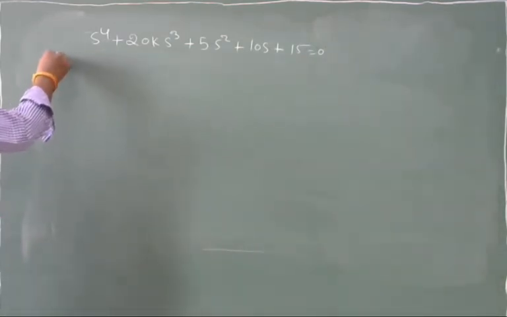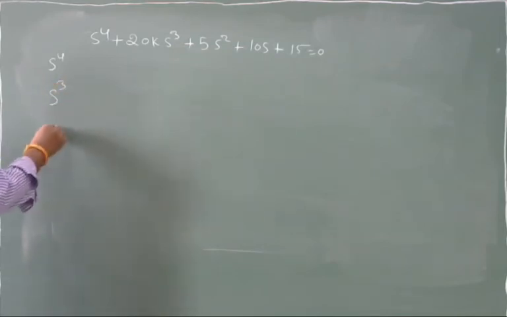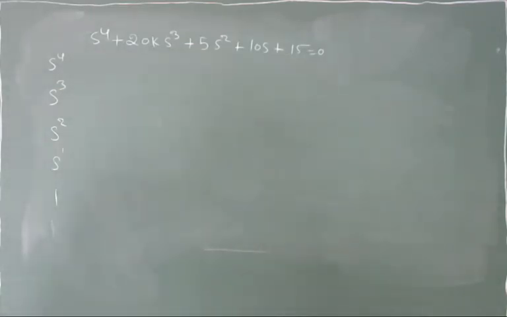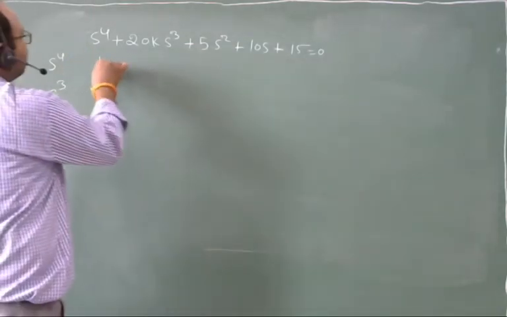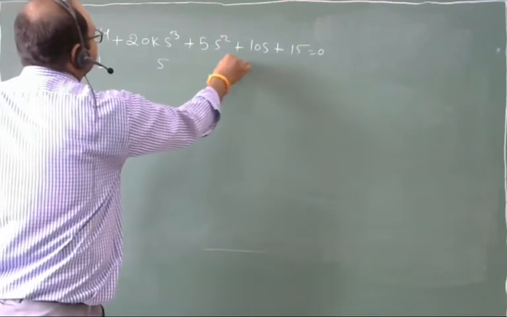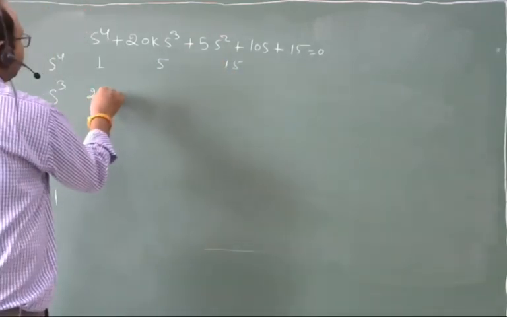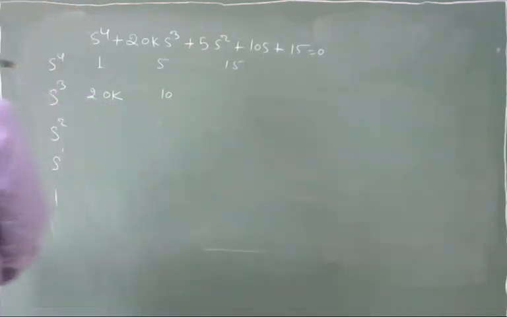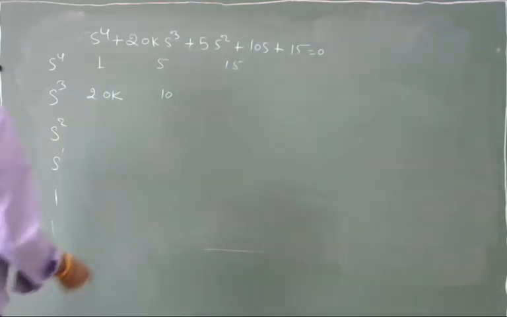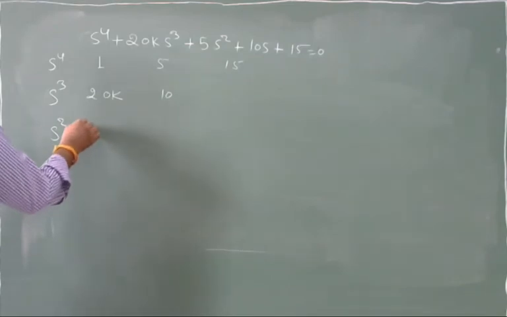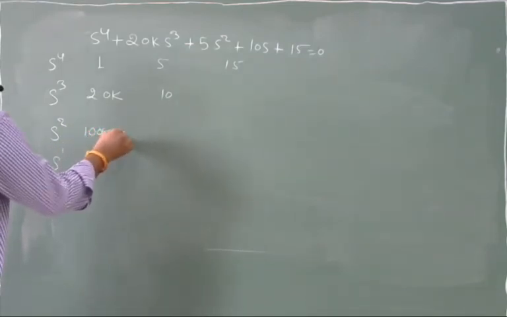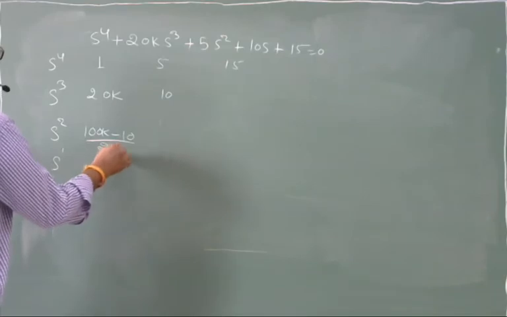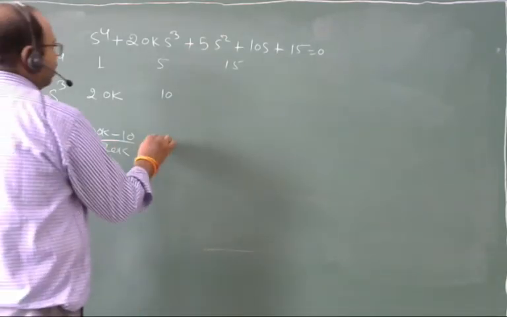s power 4, s cube, s square, s1, s0. Coefficients are 1, 5, 15. Here 20K, 10. Let me check the question. Okay. Now the value here is 100K minus 10 divided by 20K, and here 15.